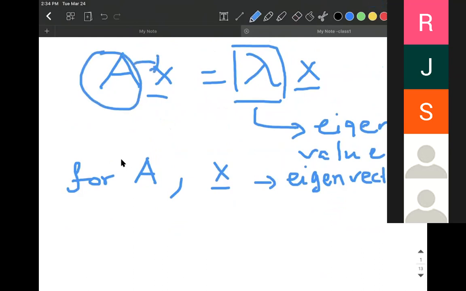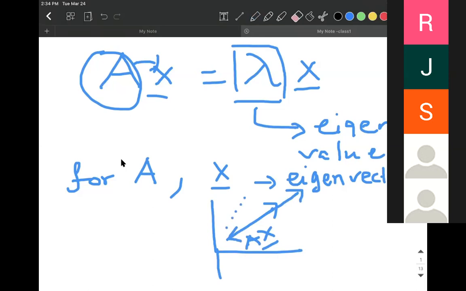Think of it geometrically. What an eigenvector or eigenvalue does is it doesn't change the orientation. Suppose you have in R2 something like this. If you act by a matrix on this vector, then it will keep the same direction or it might reverse the direction, but it cannot go somewhere like this.